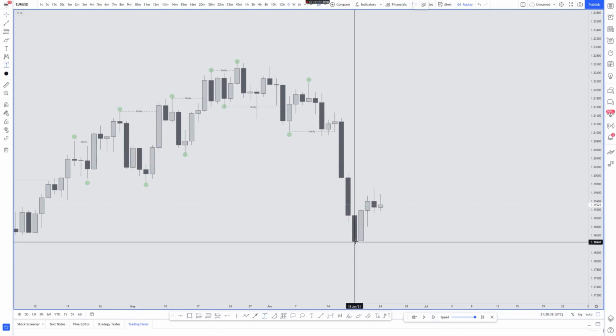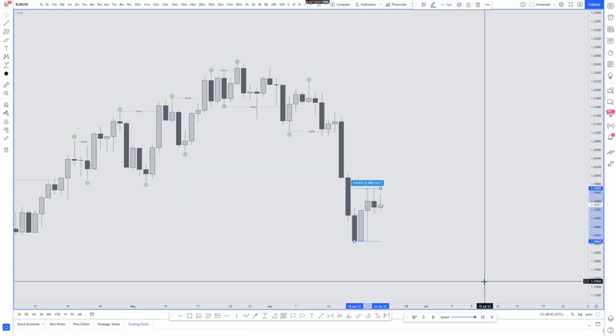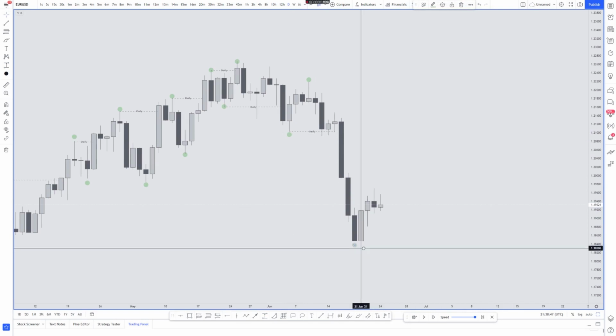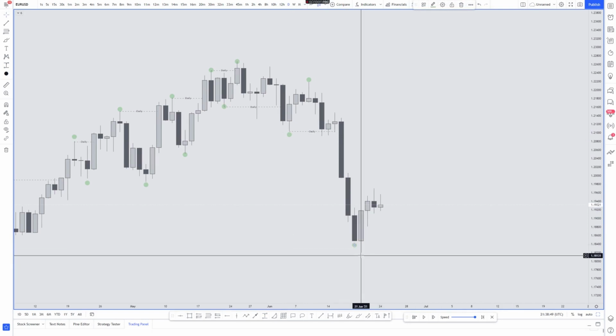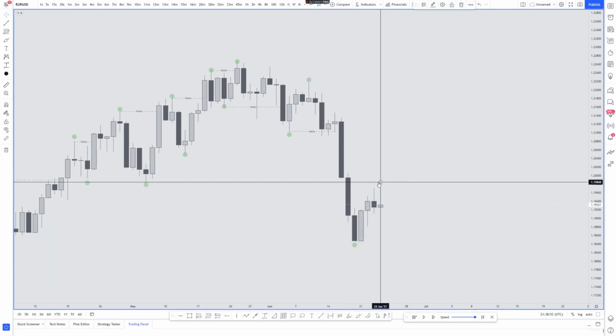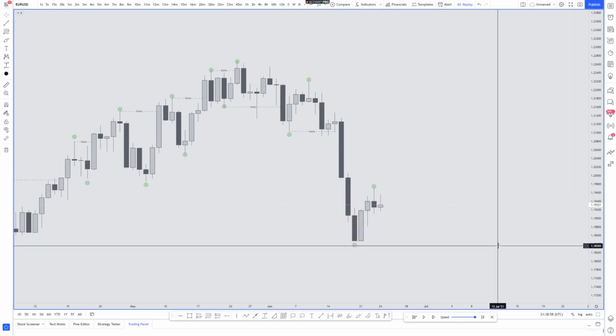If you're not sure if it's structured, just measure it quickly. So we do get over 100 pips here. That's definitely structure. Again, if it's on the borderline, if it's sitting in the low 80s or something, you may or may not class it as structure. Whatever you choose to do though, continue to do so over and over.